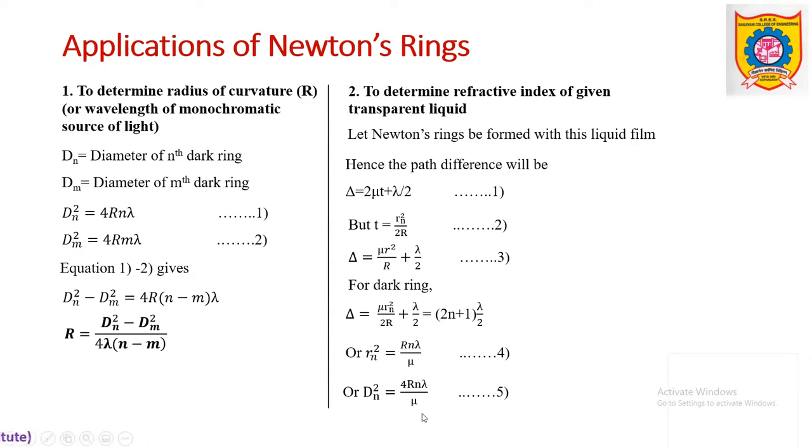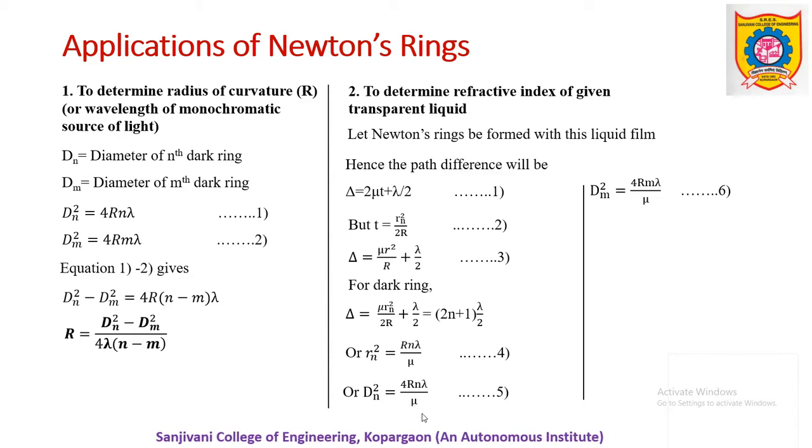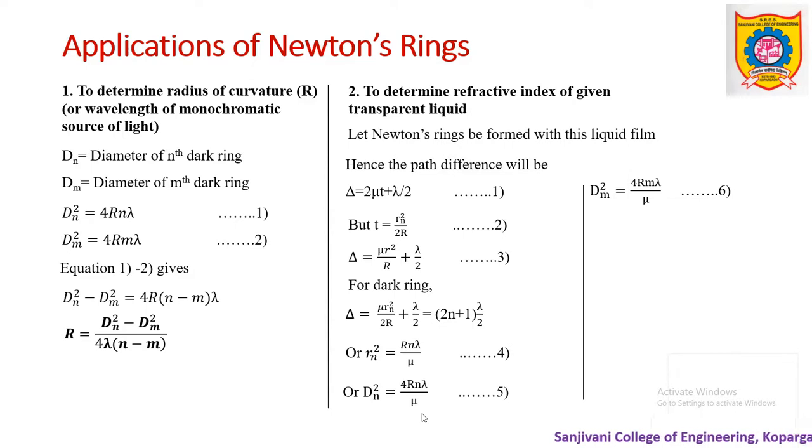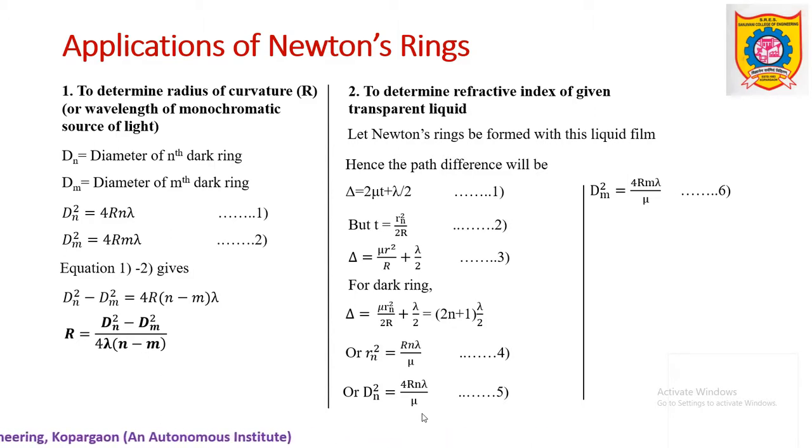Now in a similar manner, we can write the formula for dm square also, for some mth dark ring, as 4Rm lambda upon mu. Using equation 5 or 6, we can determine the refractive index. Simply rearrange it for mu: mu is equal to 4Rn lambda upon dn square. Put the values, you will get mu.